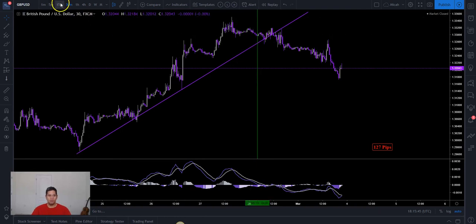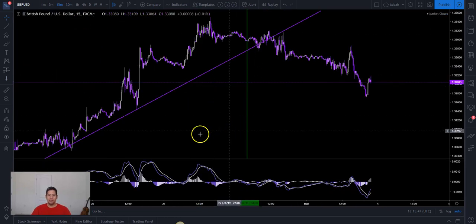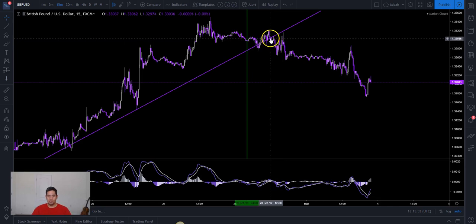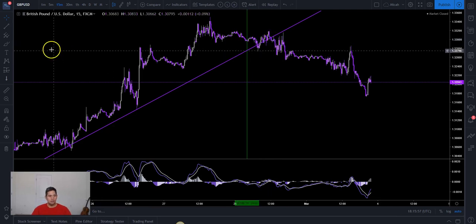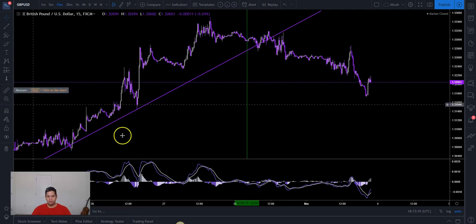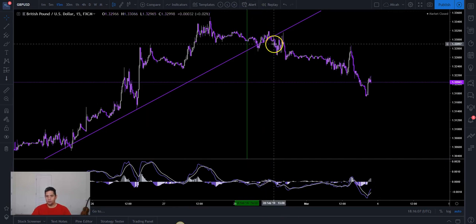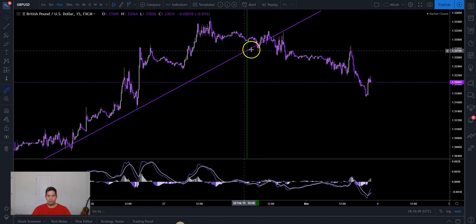Now we drop to the 15-minute for entry, and as you can see here, we wouldn't enter the trade until we get the break, which is right here. We got this break, and the MACD crossover happened here as well. So break, MACD crossover, this engulfing would have been your entry.